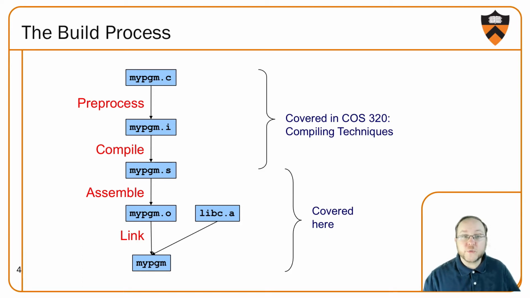In this course, though, we do still have a little bit of material to cover about the assembling and linking process. The assembler translates from assembly language into machine language, based on knowledge of the correct mapping from the assembly language to the machine language for each instruction in the instruction set. And finally, the linker resolves all of the unfulfilled references within the program and brings in external code from libraries and pieces together the final executable.